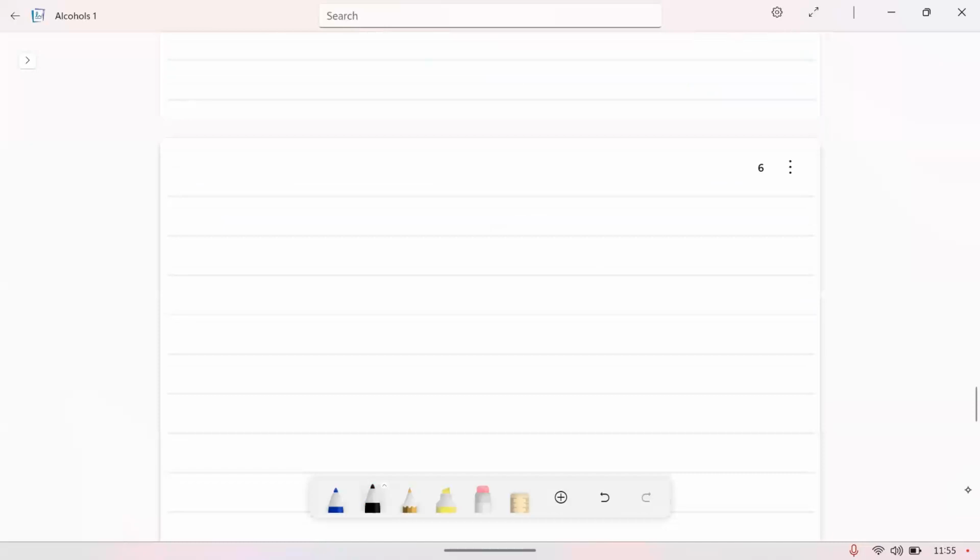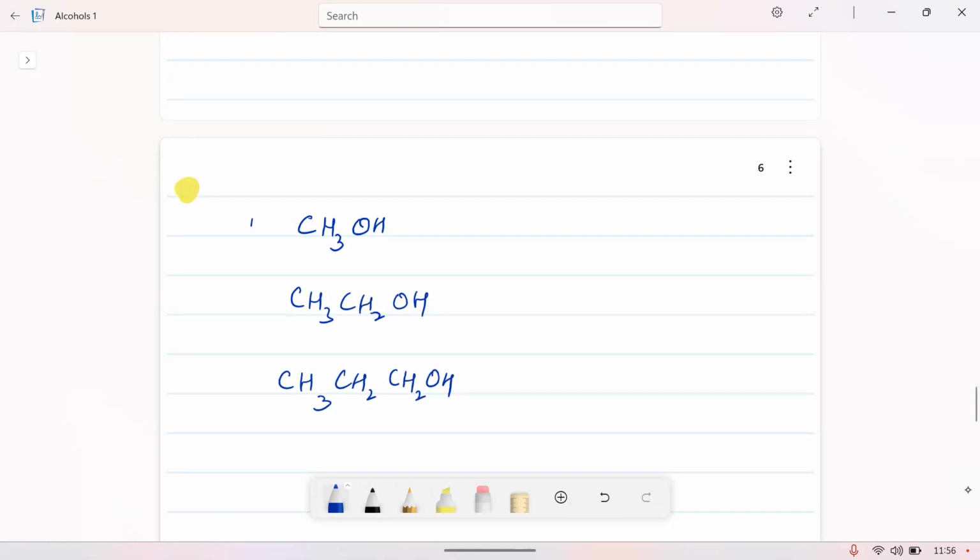The next thing is, if we are talking about, let's say, within the family, CH3OH. So this is another comparison now. Now CH3CH2OH, and then CH3CH2CH2OH. Then how can we arrange them in order of boiling point?